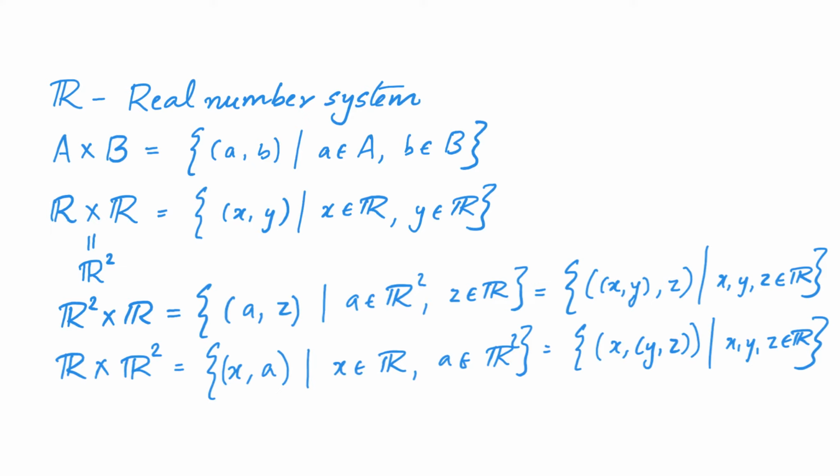Now to begin with, these two objects, R2 cross R and R cross R2, look very different from each other. But there is a natural map between these two spaces, namely the map that takes ((x, y), z) to the point (x, (y, z)). And this preserves every property that we would ever want it to preserve.